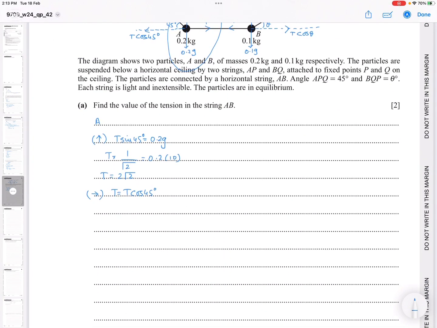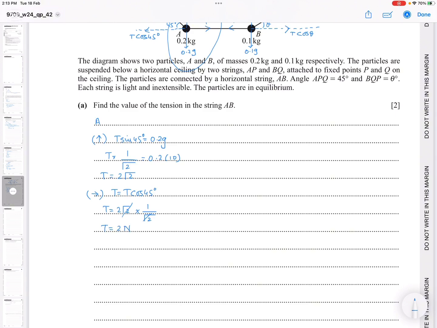So T equals, I just found out the value of T, which was 2 root 2, and cos 45 is again 1 over root 2. So root 2 gone, so my value of T is from here 2 Newton.